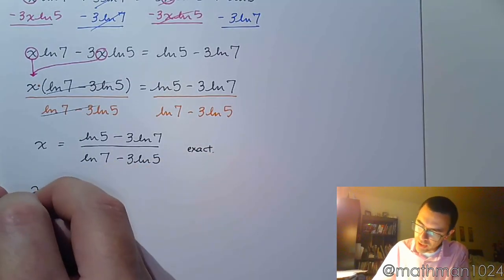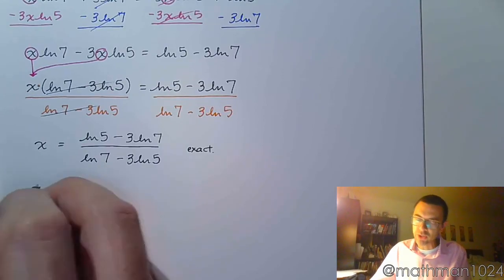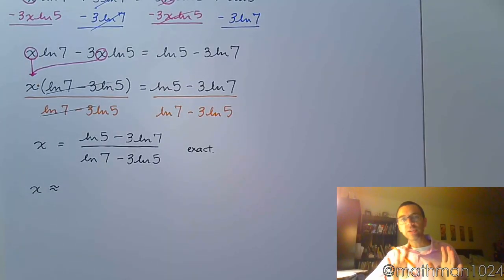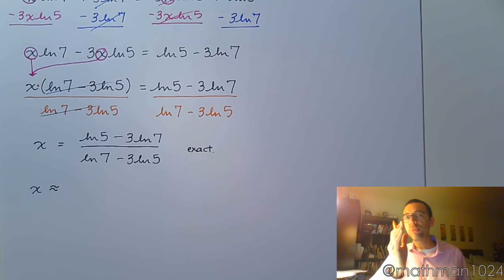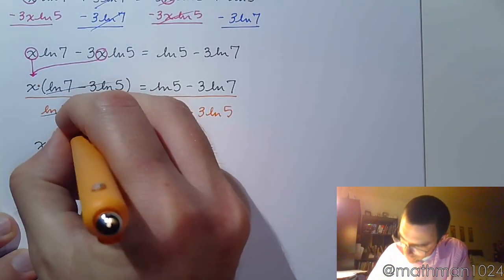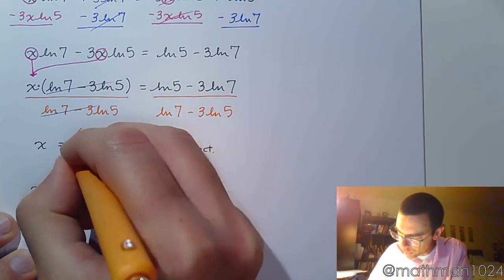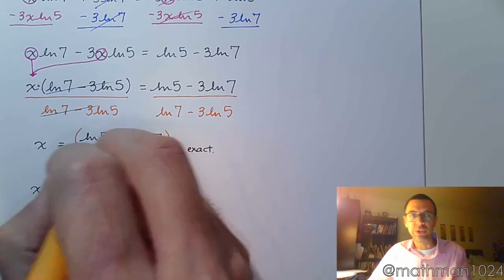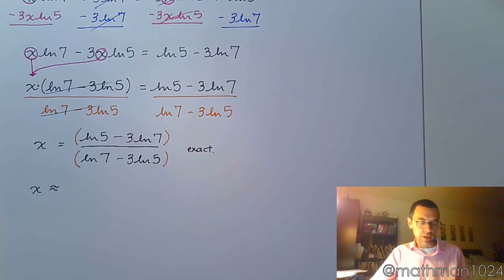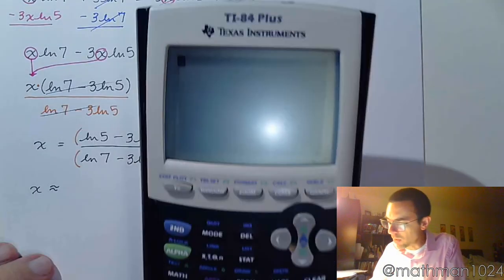Now we need to figure out what is this decimal approximation. And again, one of the biggest issues students have with getting the decimal is typing it into the calculator. So remember where your parentheses are, where do you open them, where do you close them. Also make sure that you have parentheses for the whole numerator and parentheses for the whole denominator. Alright, so let's see what we have.